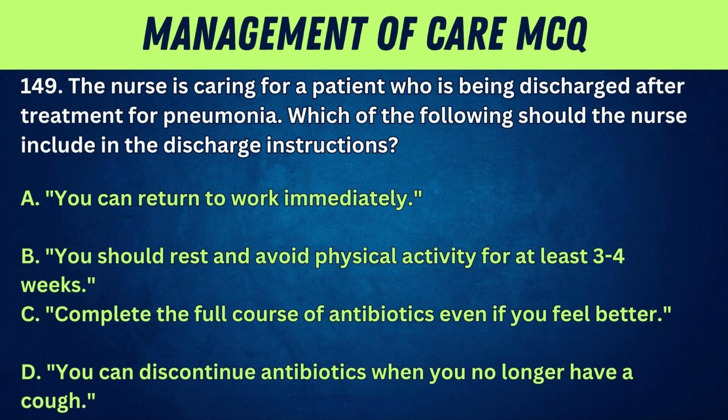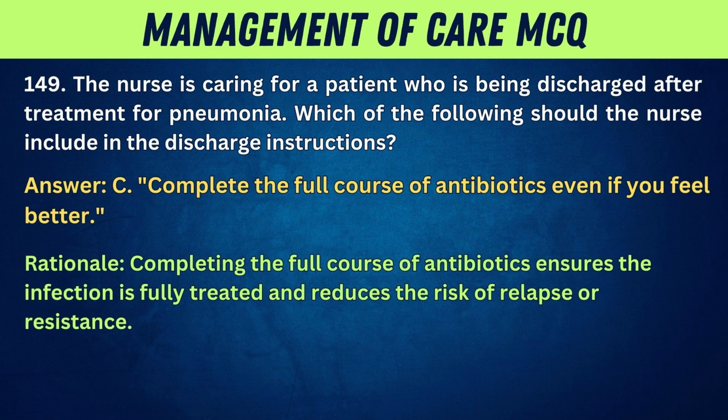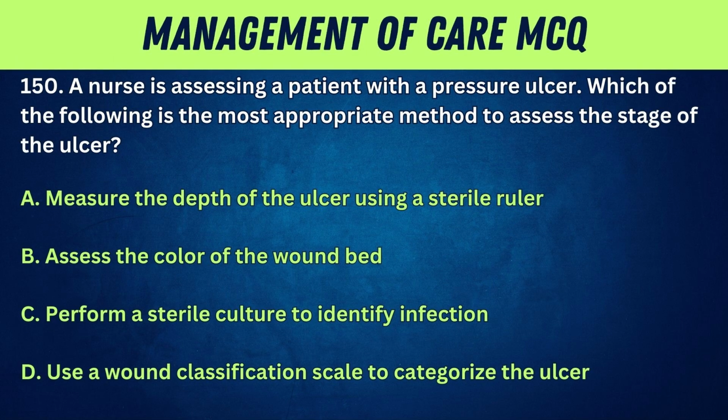D. You can discontinue antibiotics when you no longer have a cough. Answer: C. Complete the full course of antibiotics even if you feel better. Rationale: completing the full course of antibiotics ensures the infection is fully treated and reduces the risk of relapse or resistance.